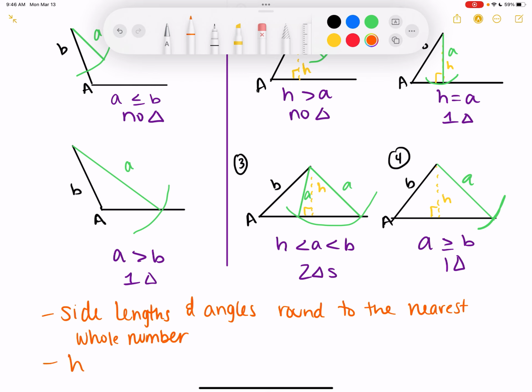For H, go to 1 decimal place past whatever you started with.